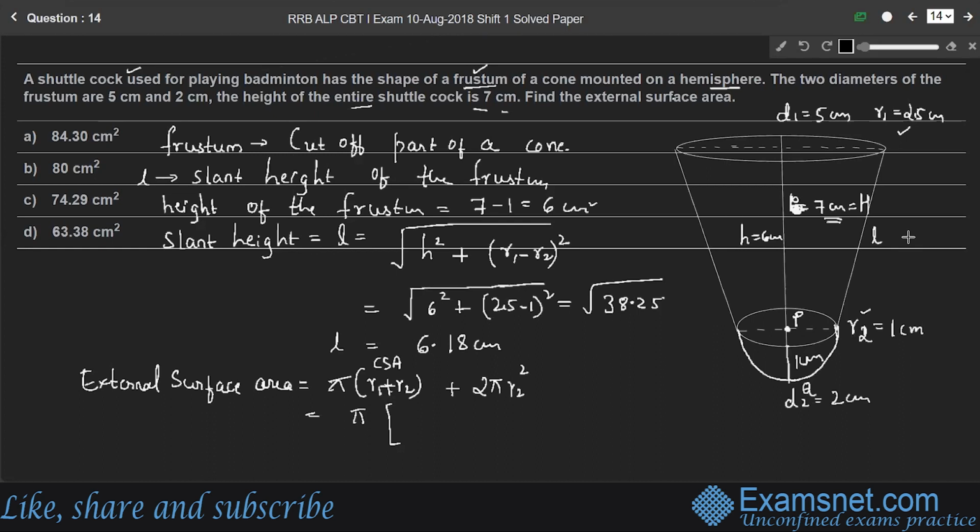Yes. So R1 plus R2 becomes 3.5. So pi into R1 plus R2 into L, which is the slant height, 6.18, plus, pi is taken outside, 2 pi into R2 square is this much.